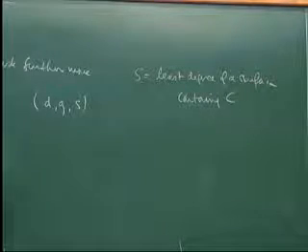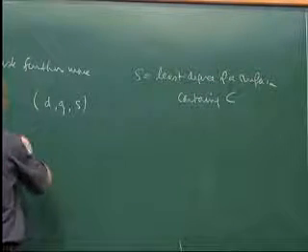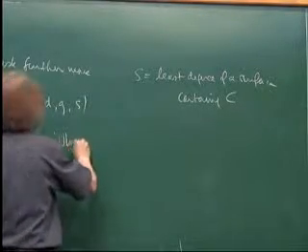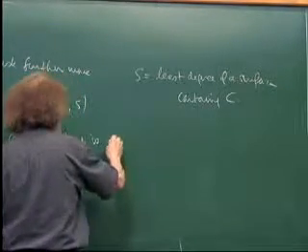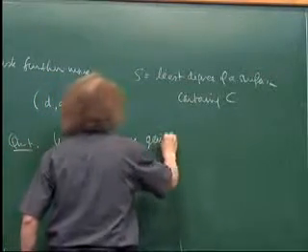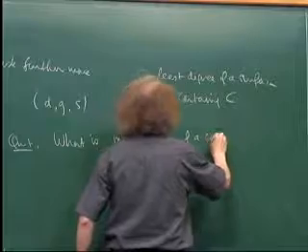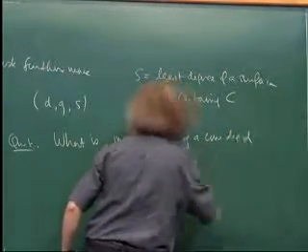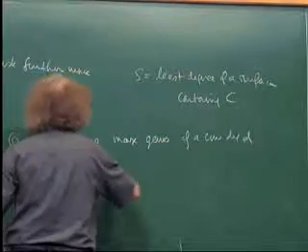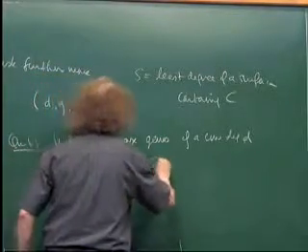And a very special case of this is the following question. What is the maximum genus of a curve of degree D that does not lie on any surface of degree less than S?